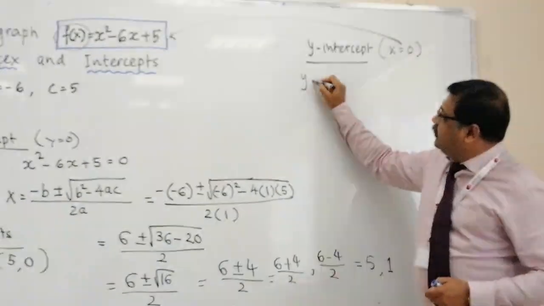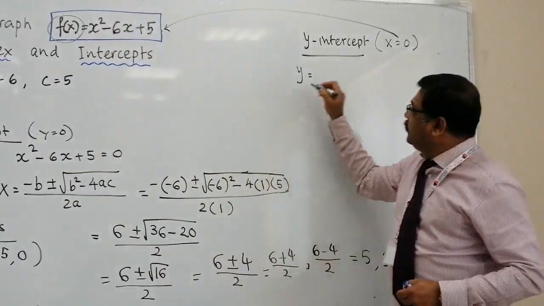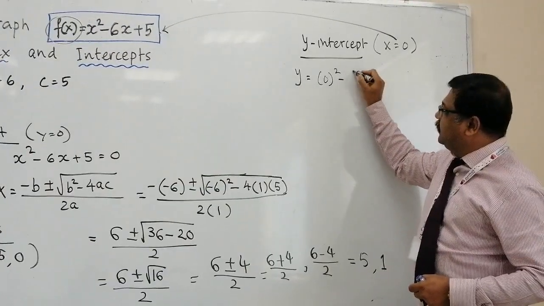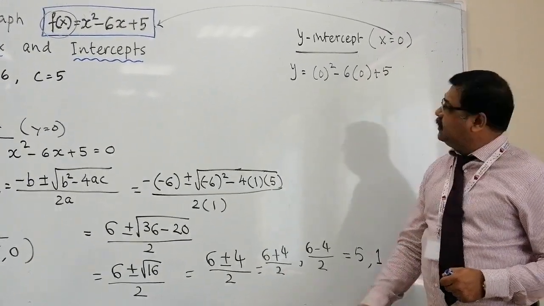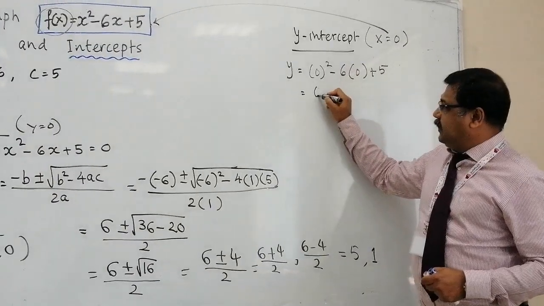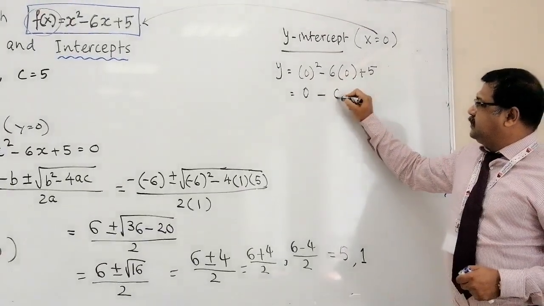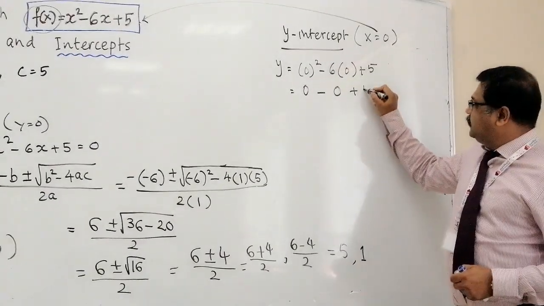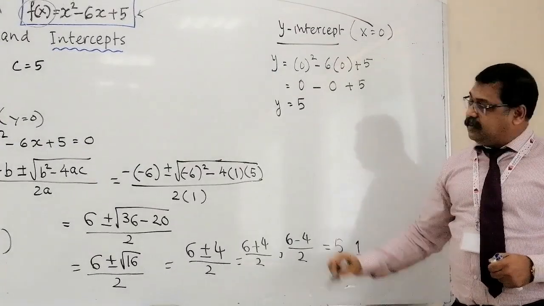So that means y equals, in place of x it will be 0 here, 0 square minus 6 multiplied by 0 plus 5. That is 0 square is 0, minus 6 multiplied by 0 is 0, plus 5. So we get y value as 5.